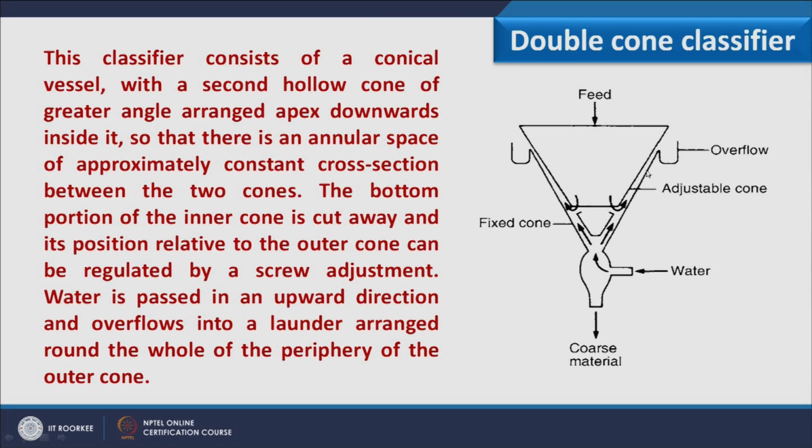This annular space has very little cross sectional area, so when particles come over here, there is an increment in their velocity, and due to this they are collected in the overflow chamber. In that way the separation is possible, as coarser particles are collected as underflow and lighter particles are collected as overflow. Due to the double cone in this, it is called a double cone classifier.